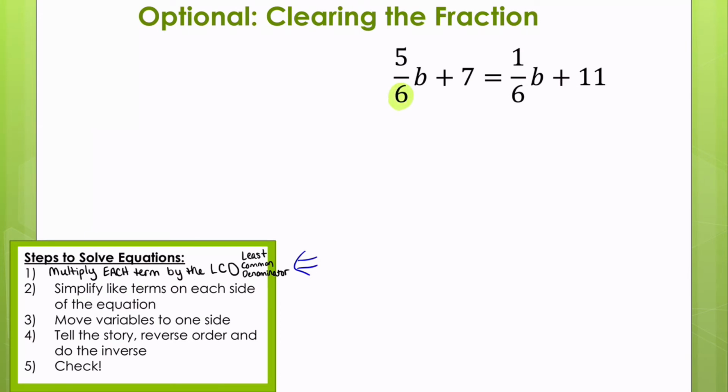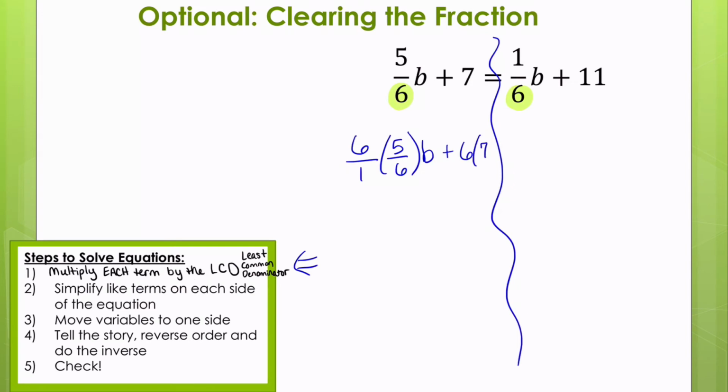Well, in this case, it's super easy actually. Because my denominators are the exact same, I'm going to multiply each term by 6. So it's going to look like this. I have 6 over 1 times 5/6b plus 6 times 7. Again, notice that I'm multiplying each term by that least common denominator.